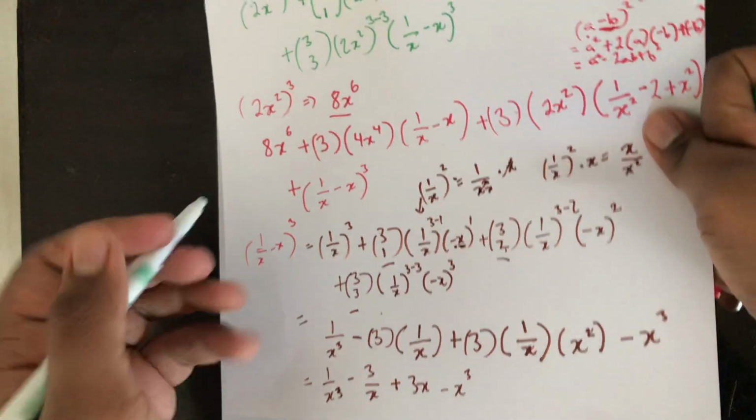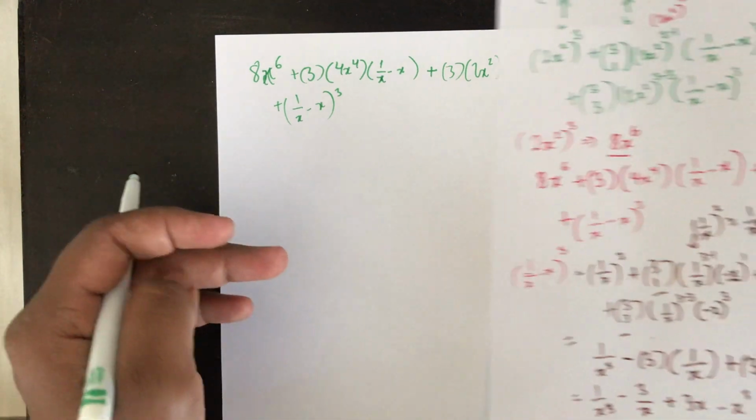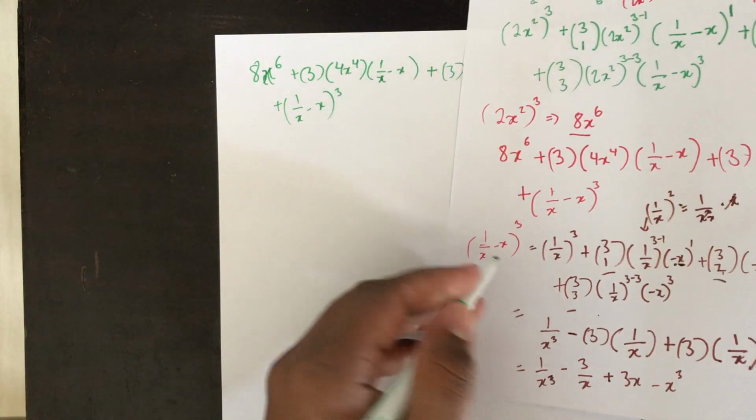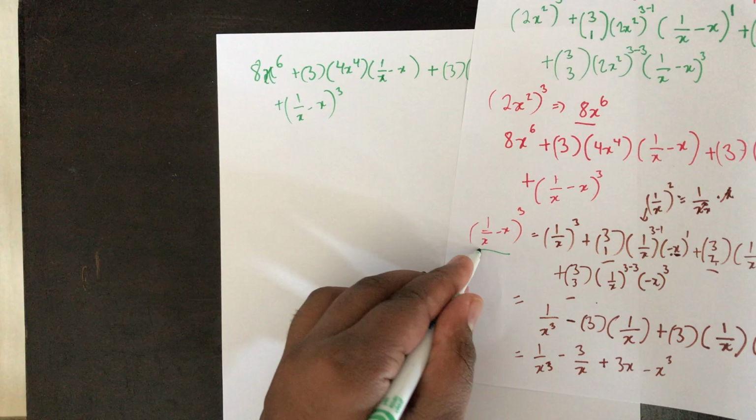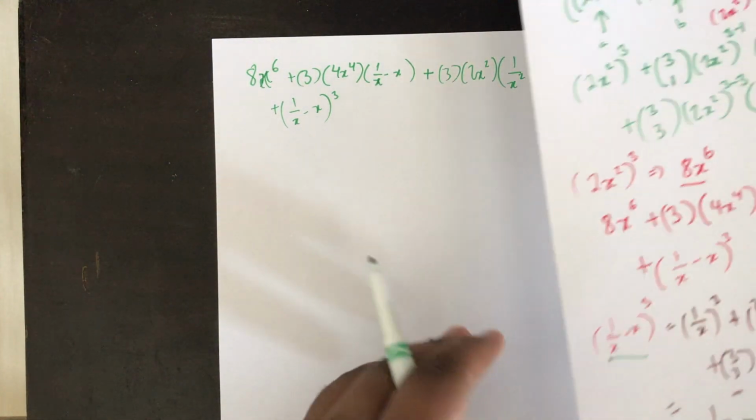So I've just written this thing in red over here so that we get more space to work with. And then we also know the value of 1 over x minus x cubed, which is this. So we'll be able to actually get a value for this.